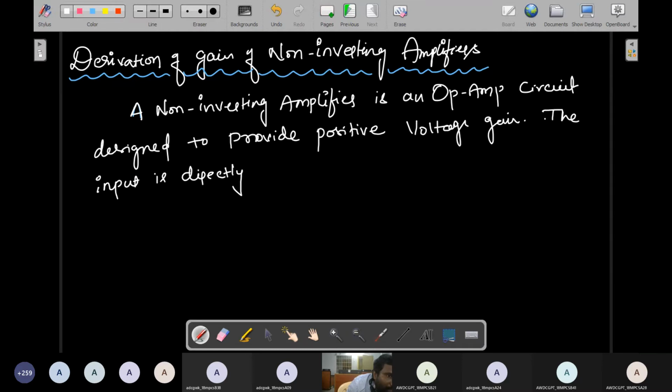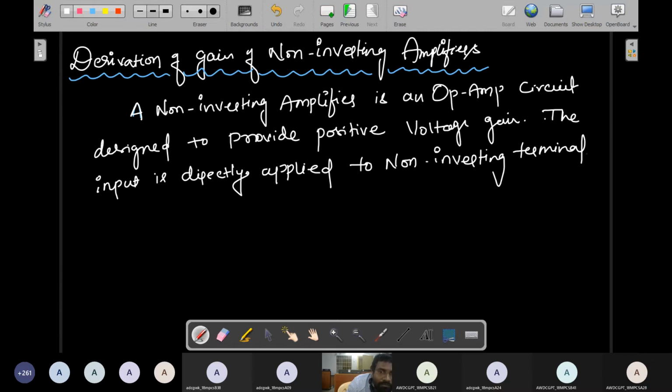The input is directly applied to the non-inverting terminal. Okay, the input is directly connected to the non-inverting terminal.